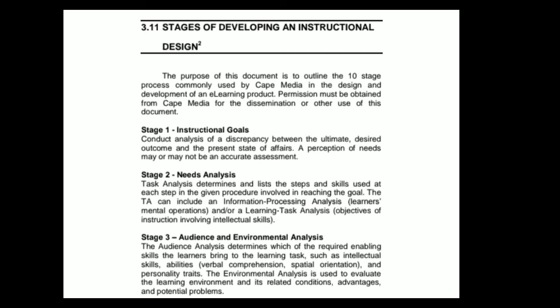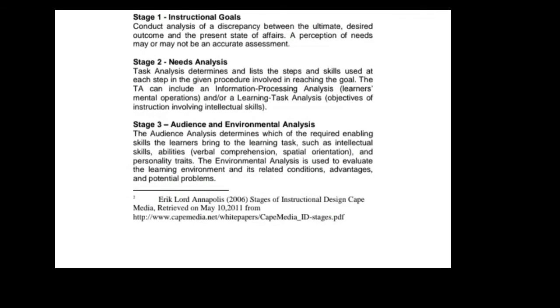Stage 1: instructional goal, a context analysis of the discrepancy between the ultimate desired outcome and the present state of affairs. Stage 2: needs analysis and task analysis, determine and list the steps and skills used at each step in the given procedure involved in reaching the goal. Stage 3: audience and environmental analysis, the audience analysis determines which of the required enabling skills the learner brings to the learning task, such as instructional skills, abilities, and personality traits.